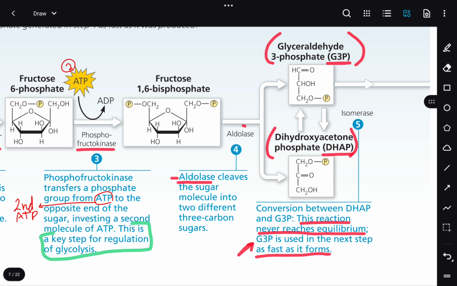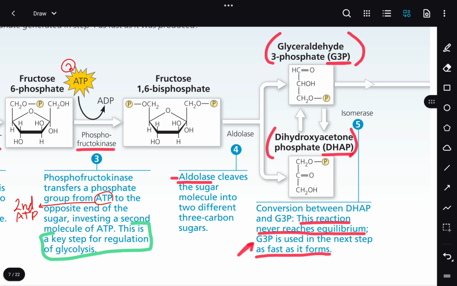However, pyruvate does not have phosphate groups in it. These 2 products each have a phosphate group that came from an ATP, first step and third step.